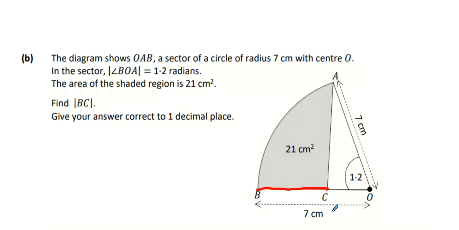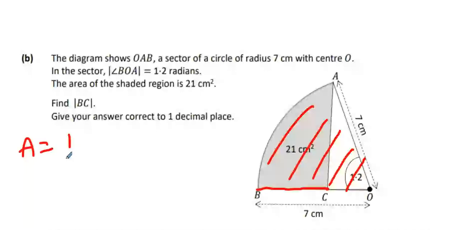Now, here's what I'm thinking. We get the area of the full pizza slice. So if you look at the full pizza slice, that's the area I'm getting. I have to use area equals a half r squared theta because it's in radian form.